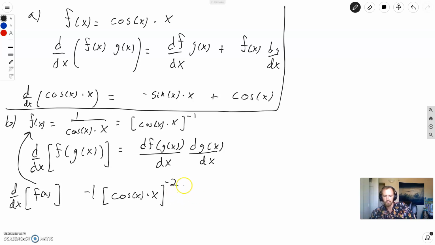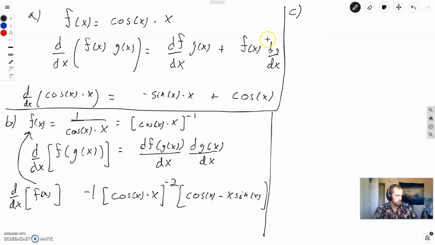And then I multiply by the derivative of the inside, which I know is right here: cosine of x minus x sine of x. So then we have negative 1 divided by the cosine of x times x squared, multiplied by the derivative of my inside.